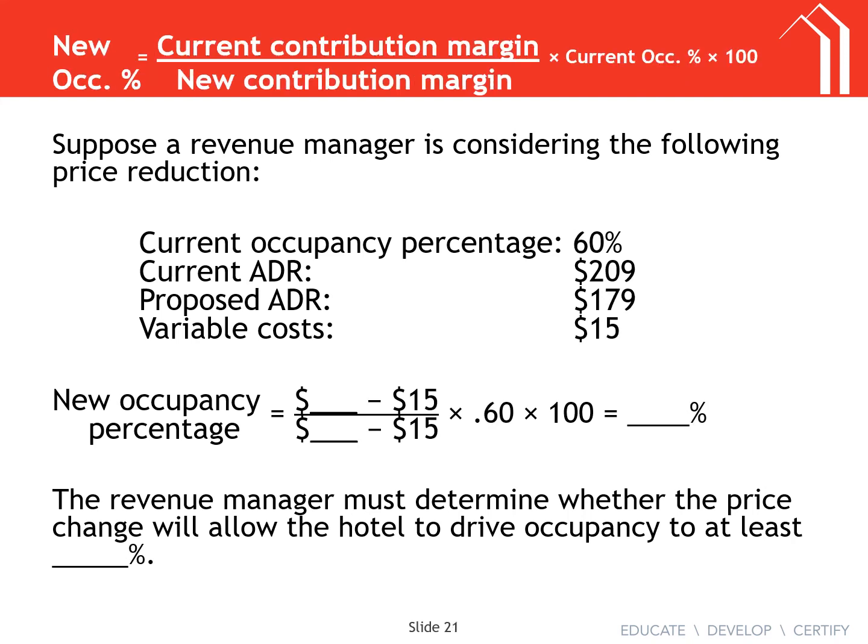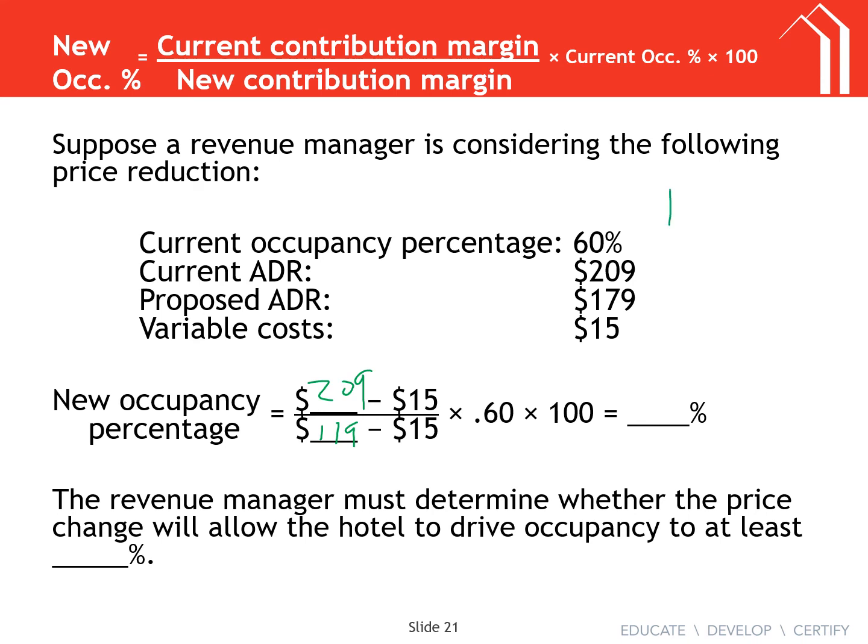So let's look at an example here, okay? So our new occupancy percentage. We take our current ADR, and then we take our new, or proposed, ADR, and we subtract 15 from each of those.